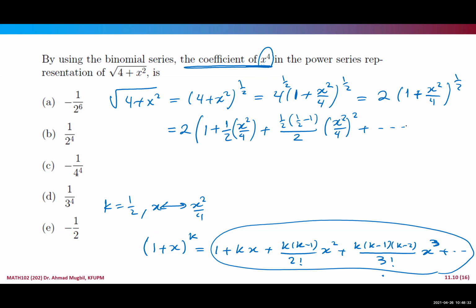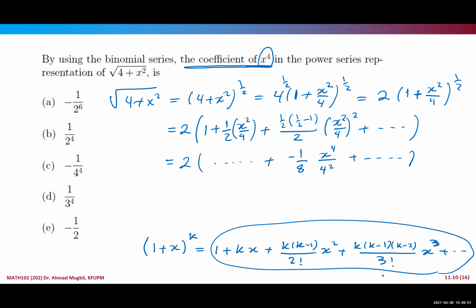Don't waste your time calculating the remaining terms, because we want just the coefficient of x to the power 4. So this is equal to 2. Don't waste your time even here. Focus on this term. What you will have here is a half times negative half, so it will be minus 1 over 8 times x to the power 4 over 4 to the power 2. Am I right, ya shabab?